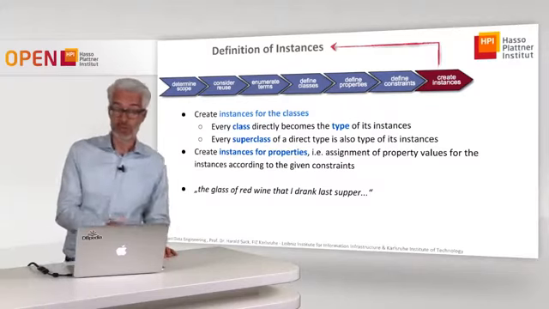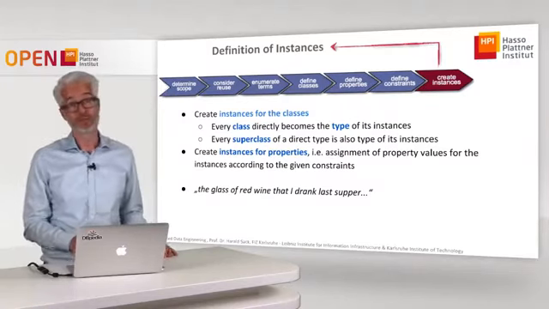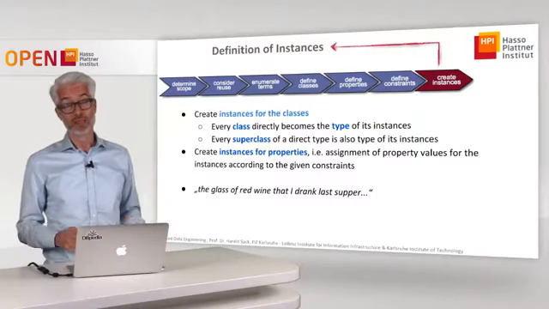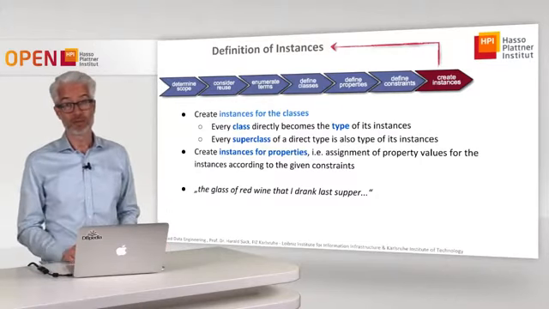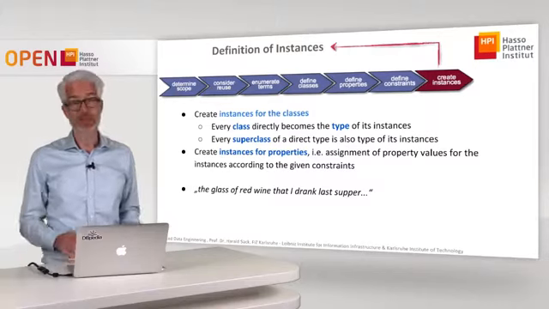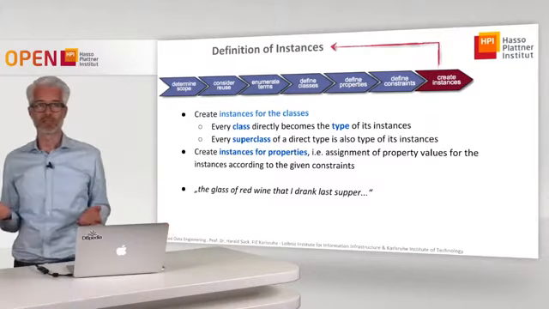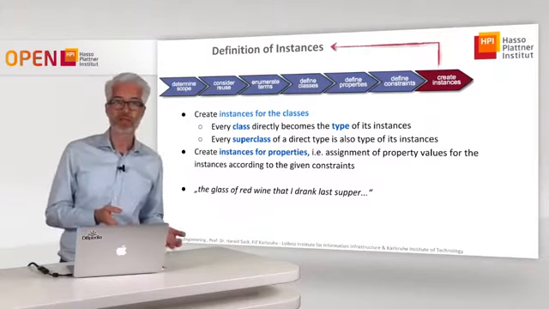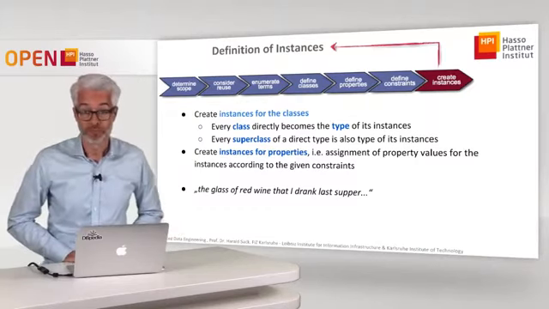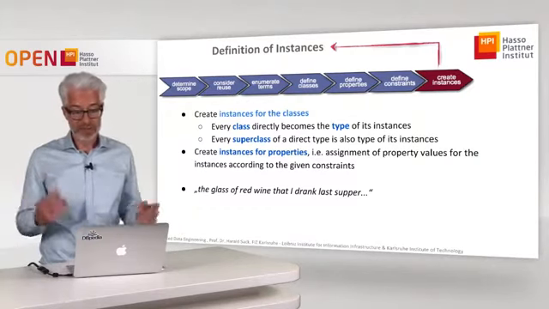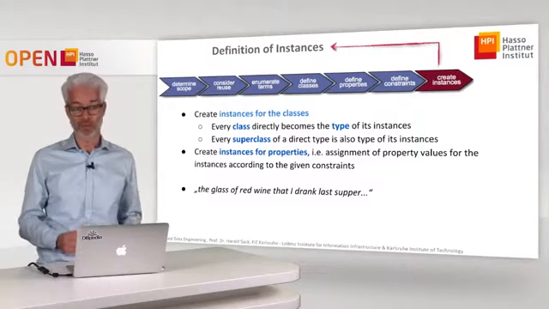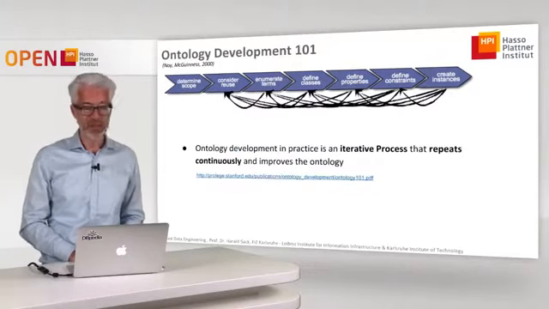So an individual can be related to another individual via a specific property. This would then be the last thing you do in your ontology. And then in the end, you could represent knowledge like, for example, the glass of red wine that I drank last supper. This is of course a very quick process and only a very quick explanation of how to do this.